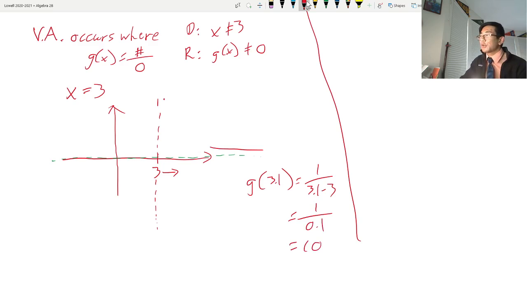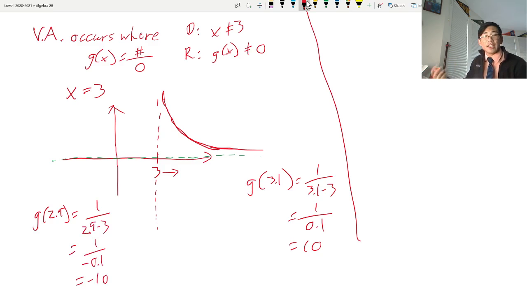And so you can see, just like we saw in the parent function in the last video, 1 over x, as you get closer to that vertical asymptote, you're shooting up. If we think about something on the opposite side, for example g of 2.9, we're going to get 1 over 2.9 minus 3, which is 1 over negative 0.1. That's going to be negative 10.